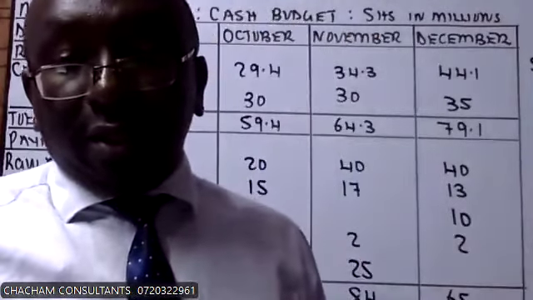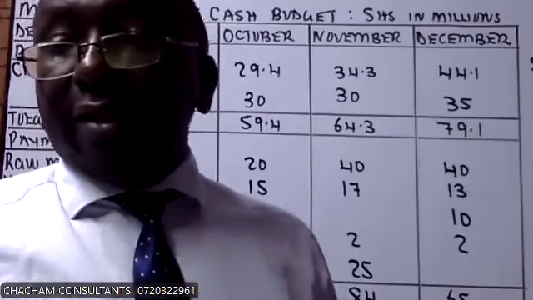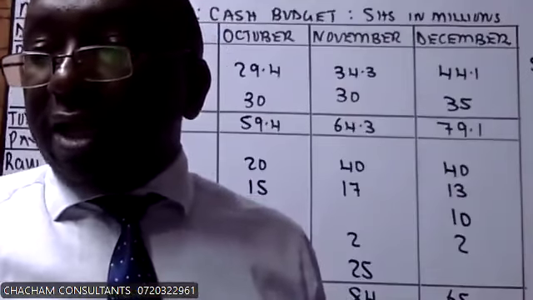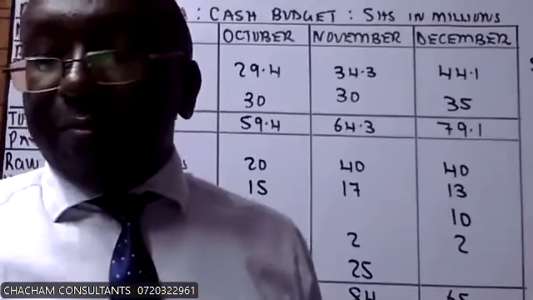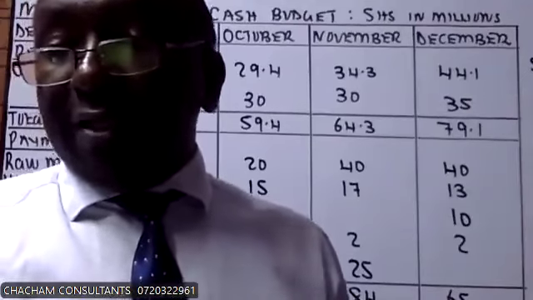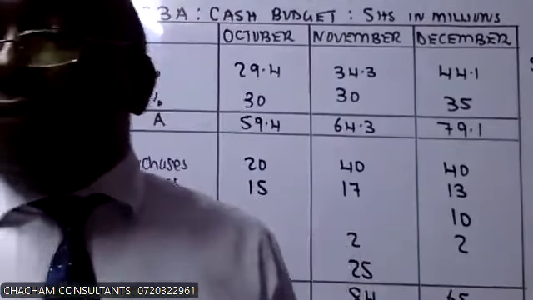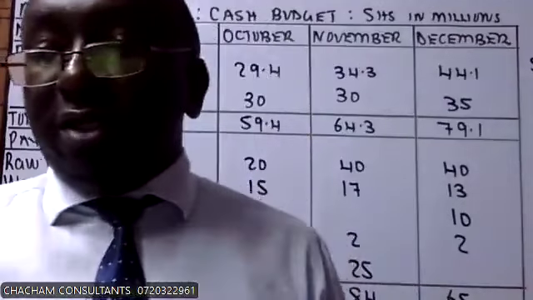Good. Dennis, you are saying I should clarify on rent. You thought that this rent is per month. But now they are saying rent of 10 million for each quarter. That's what I've taken, for each quarter.